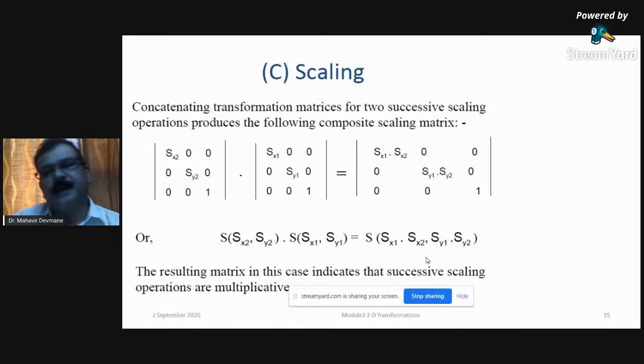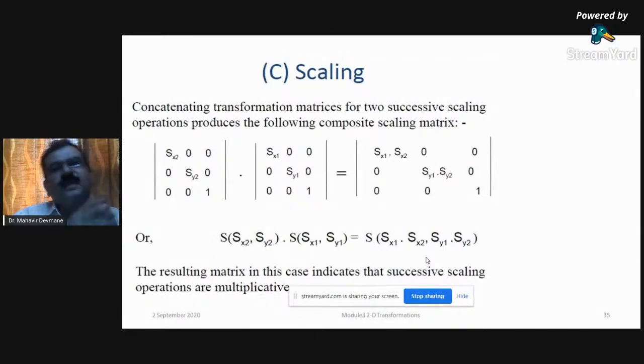So see, for example I have one square, and just assume that it is scaled in x direction only. So we have scaled in x direction by 2. So its size is double. The square is converted into a rectangle now. Correct? Now that particular rectangle we have taken and again scaled by 3 in the x direction. We are not making any change in the y direction. Okay. So just assume the original size of the square is 1 unit.